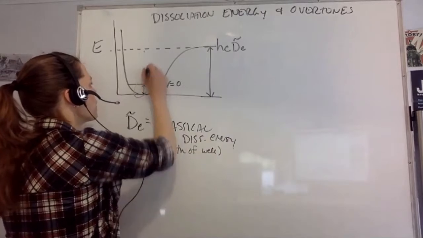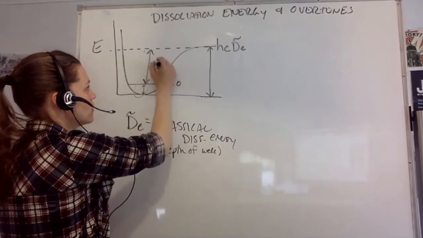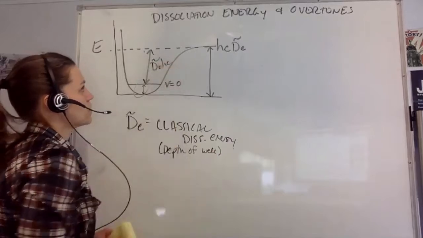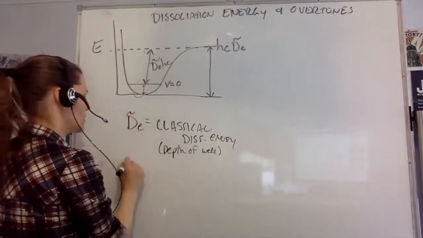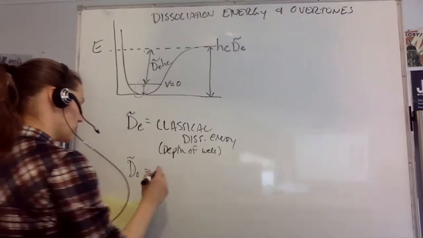Okay, the next one is going to be this. So if we go from V0 up to the dissociation energy, so now we have D0, and that equals the experimental dissociation energy.